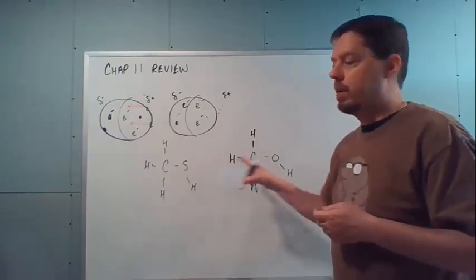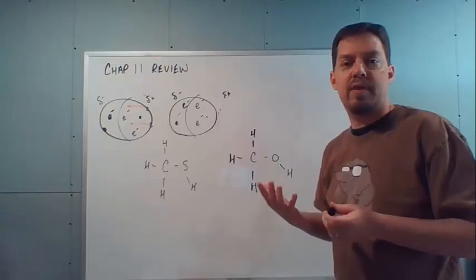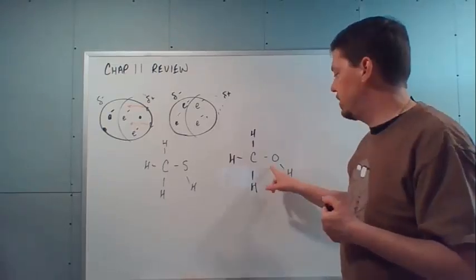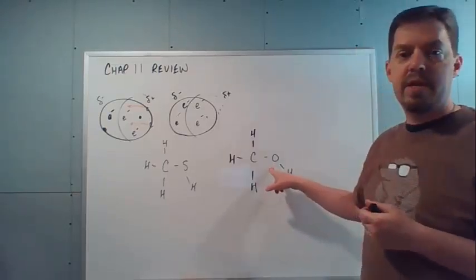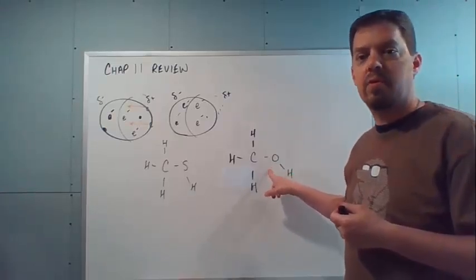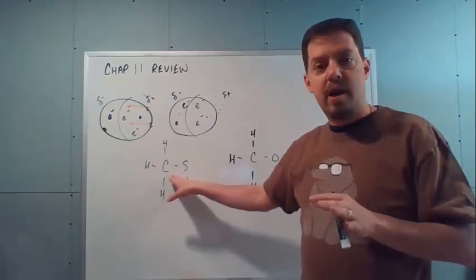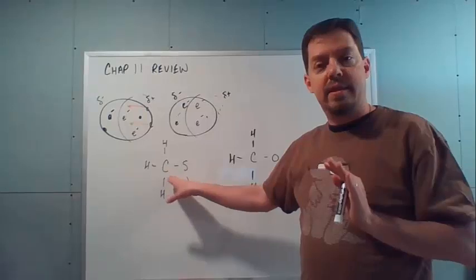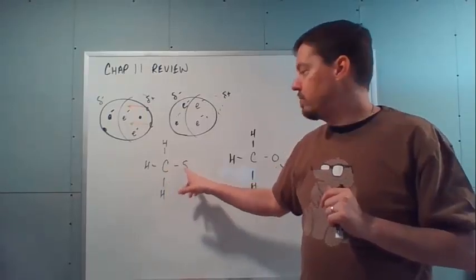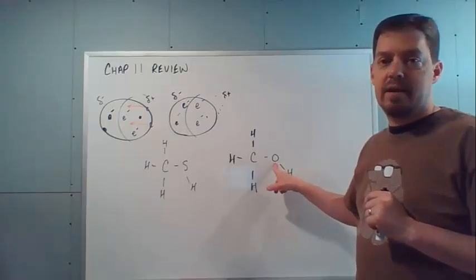Now, if you want to know which one of these two is going to interact more strongly with itself and therefore be more likely to be a liquid, we're going to look here, because we know that the OH is very polarized, so this is a very strong polar molecule. So this one's going to be polar, this one's going to be nonpolar for the most part, and this one's going to have the stronger dispersion forces because that sulfur atom is bigger than the oxygen atom, right?